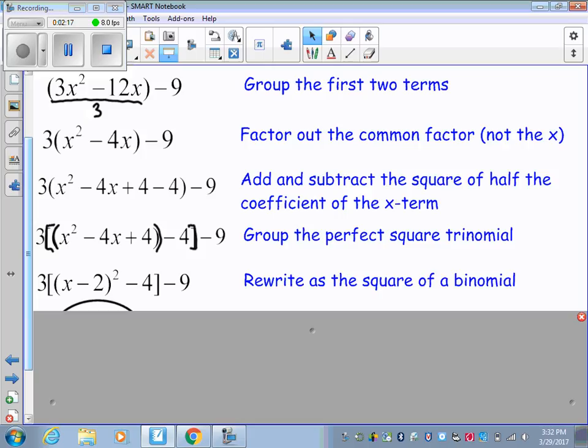x minus 2 squared. Now I still have my square bracket because at this point I need to do the distributive property before I can simplify. So I'm going to do 3 times negative 4 in my next step.